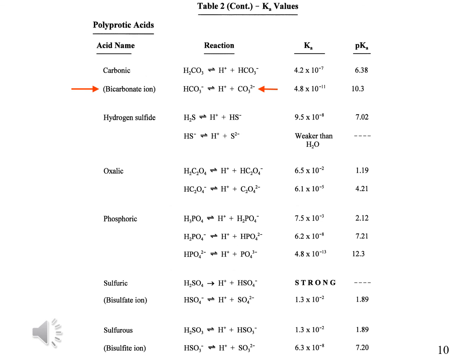Looking at this line in the table, HCO3- and CO3 2- make a buffer, but it's not the same buffer as carbonic acid and HCO3- above it. The first buffer we said here will make a pH of 6 something, and bicarbonate and carbonate will make a buffer of 10. One's acidic and one's basic. That is very different. They're not the same buffer.